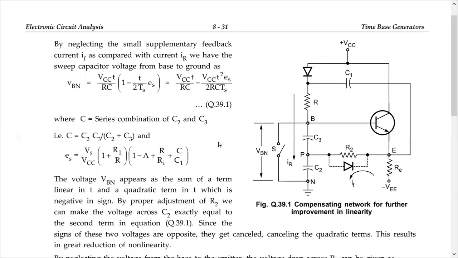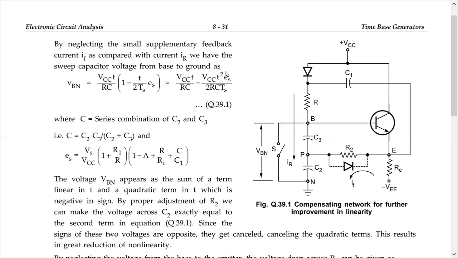So ultimately we are representing the voltage across the capacitor using this sweep speed error, right? What is the reason for doing that? Now here we can clearly observe the error component.